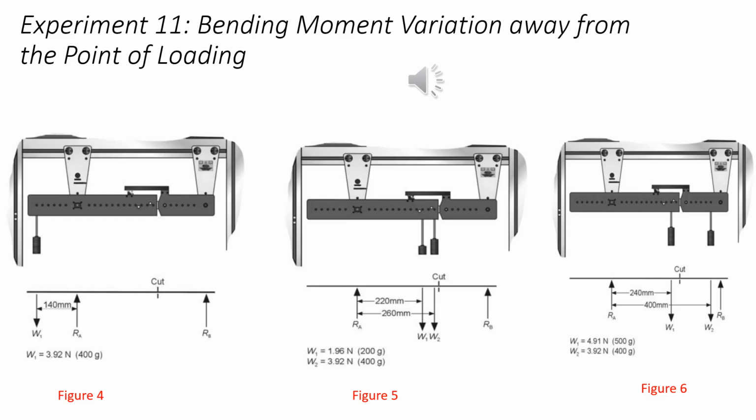So in this case we will measure the bending moment, and in the sixth figure you can see we will apply the two loads of 4.91 Newton and 3.92 Newtons, and we will measure the bending moment at the cut position. Remember, the length of the moment arm is 0.125 meter. The moment arm is attached at the cut position of the beam. So we will do this experiment in the next slide.